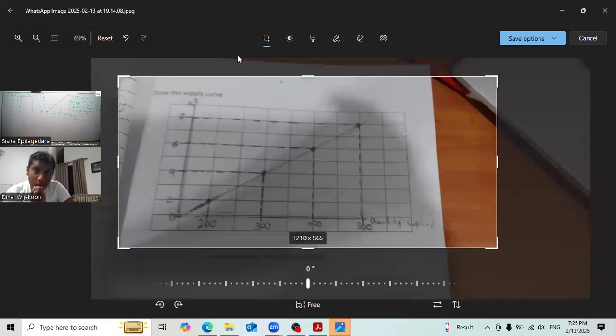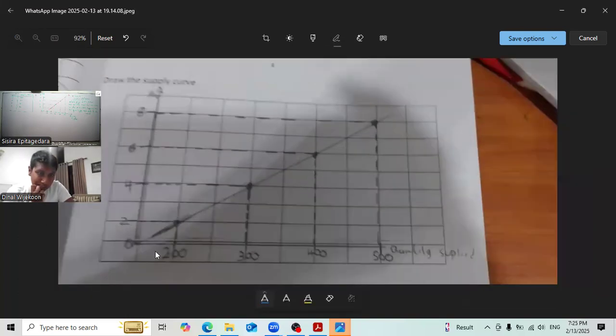the mistake is here. You have taken one square for plus 200. Then how much is the gap between 200 and 300? The gap is 2. Yes.